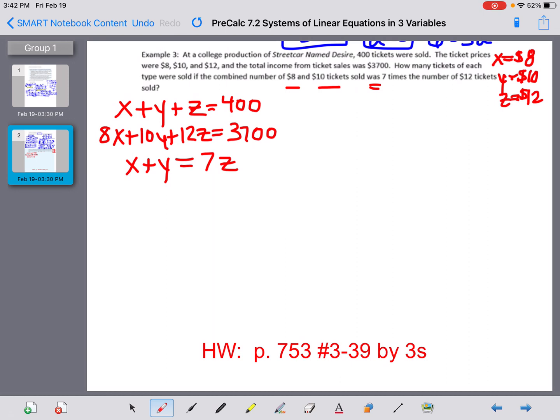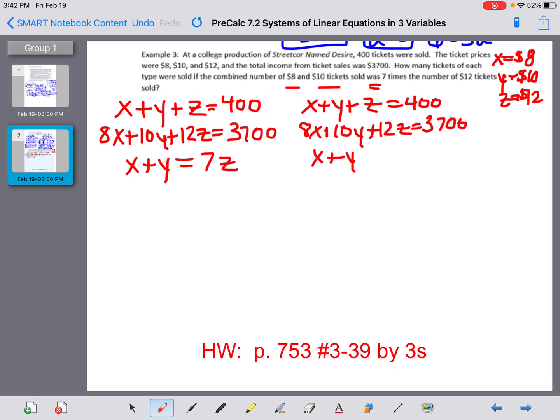I'm going to set them up a little bit differently. So X plus Y plus Z equals 400. 8X plus 10Y plus 12Z equals 3,700. And then this bottom one, X plus Y minus 7Z equals 0 when I move everything over. Okay, we need to make a choice. What do we want to eliminate?